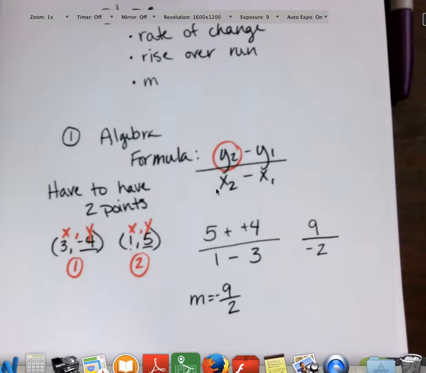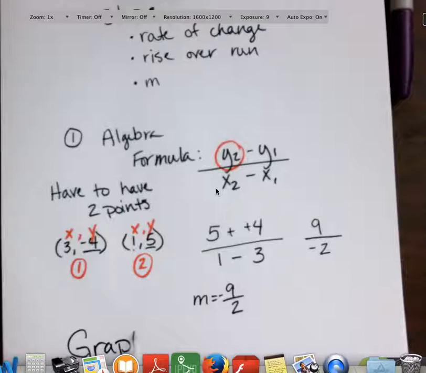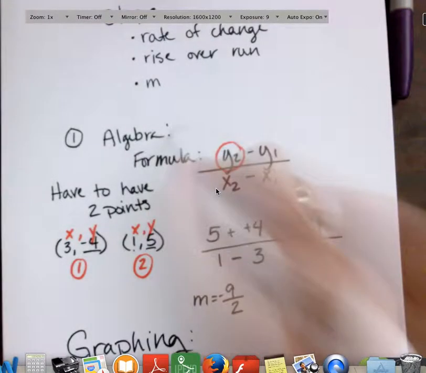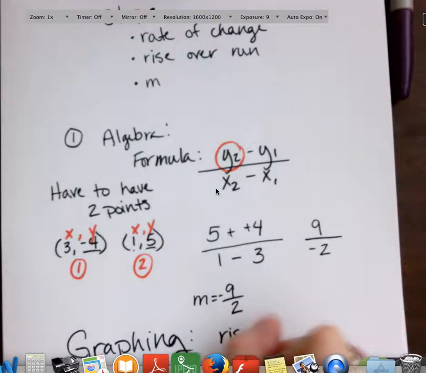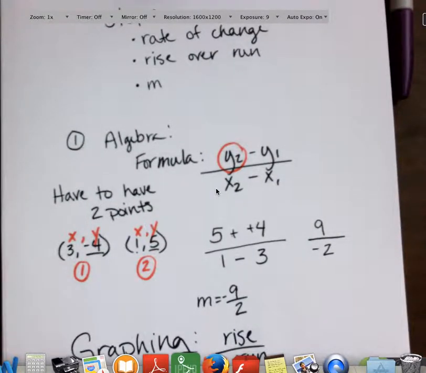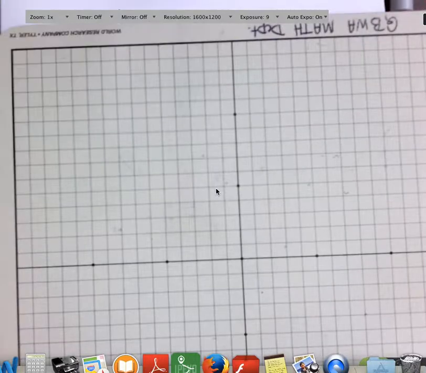Then, the other way we could do this is through graphing. Okay? And graphing is really easy because all we have to do is count, and we do rise over run. Okay? So let's use those same points that we had on a graph. So we had 3, -4, and 1, 5.